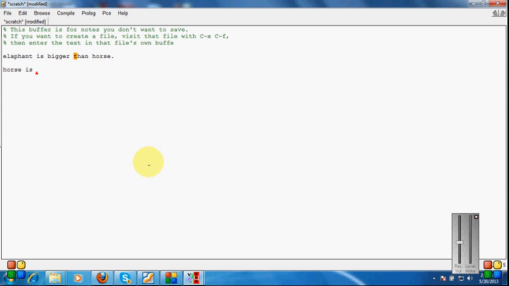Horse is bigger than donkey. Donkey is bigger than monkey and dog.